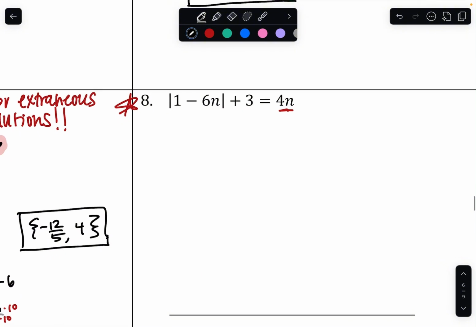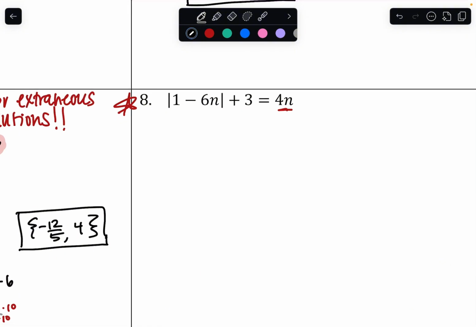Okay, last one on this page. First step is we need to isolate the bars, okay? Even though we can't combine this 3 with anything on the right-hand side, we still have to move it to the other side. And so I have absolute value of 1 minus 6n, and make sure your absolute values don't get mistaken for a 1, equals 4n minus 3. So my argument here is 1 minus 6n.